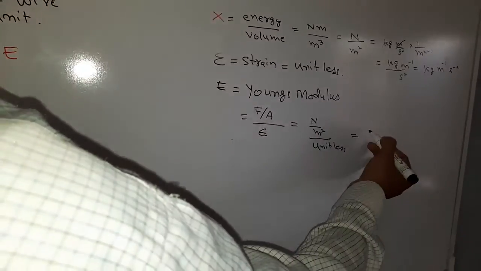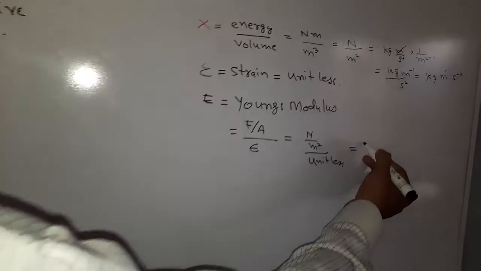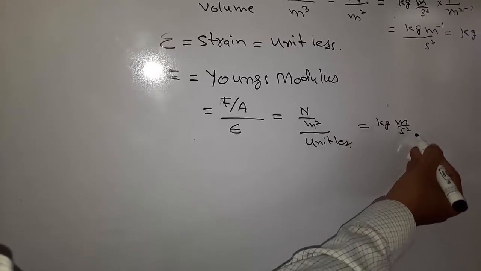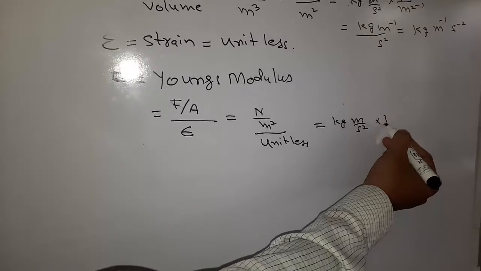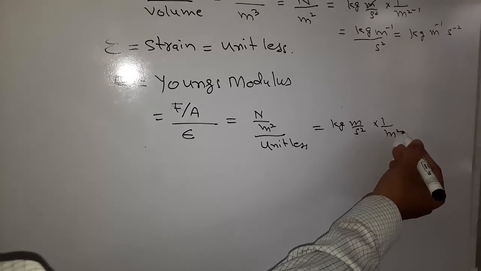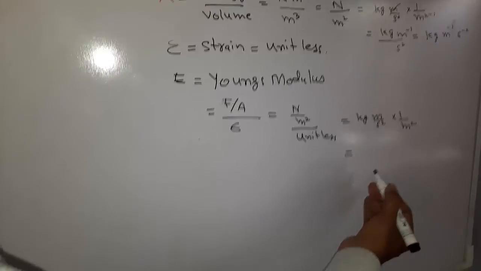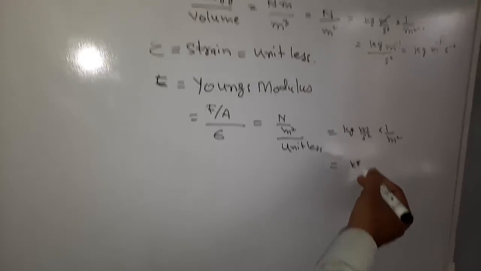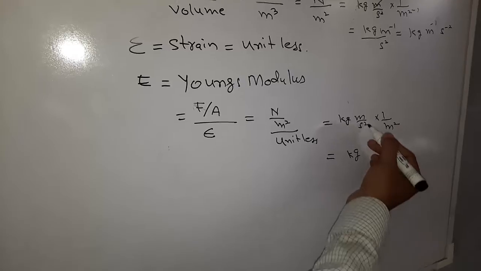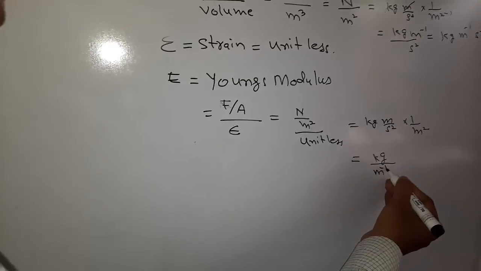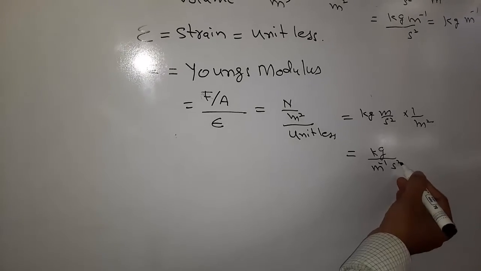Just convert this Newton. Newton we can write as kilogram meter over second squared, and 1 over meter squared we write right here. Now the elastic modulus, or Young's modulus, we can write as kilogram, meter power will be subtracted so it becomes meter to the power minus 1, second to the power minus 2.